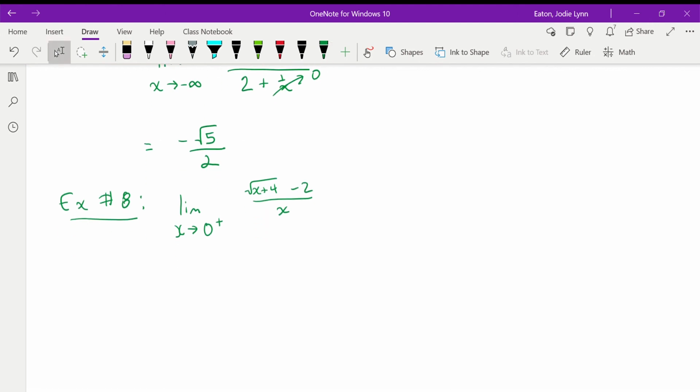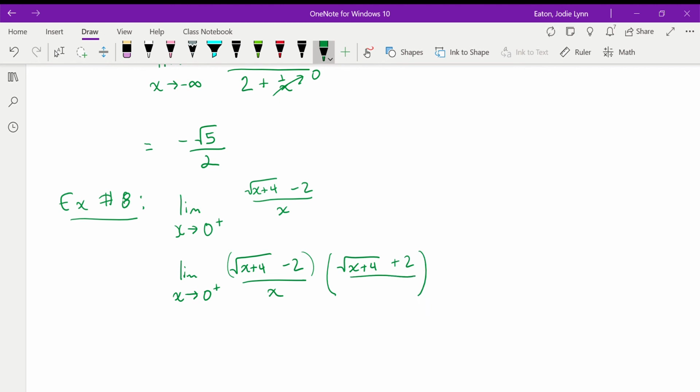So we see a radical. What do we do? We multiply by the conjugate. So this is the limit as x approaches 0 from above of radical x plus 4 minus 2 over x times radical x plus 4 plus 2 over radical x plus 4 plus 2.